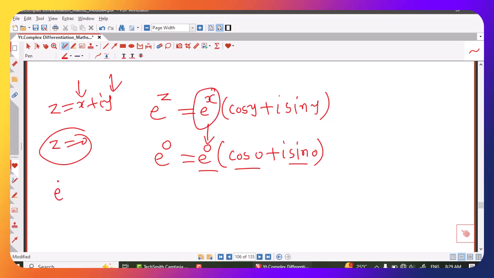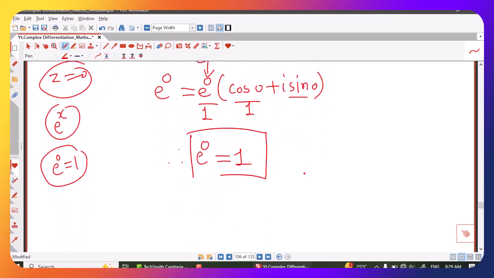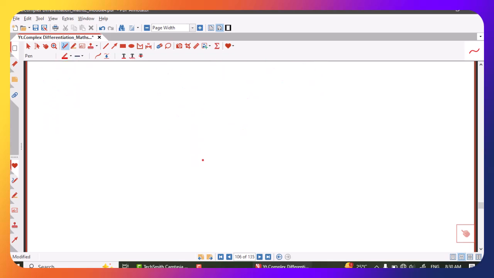We know that e raised to x is the real exponential function, and its value at x equal to 0 is 1. So if we have the complex exponential function, then also e raised to 0 equals 1. We will keep in mind this remark, that this property of the real exponential function is also true for the complex exponential function, that is, e raised to 0 is always 1.